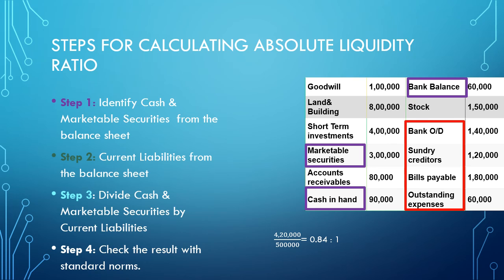Here it is 0.84:1, which means if the company has one rupee of current liability, its cash and cash equivalents and marketable securities are able to cover 84% of that liability.